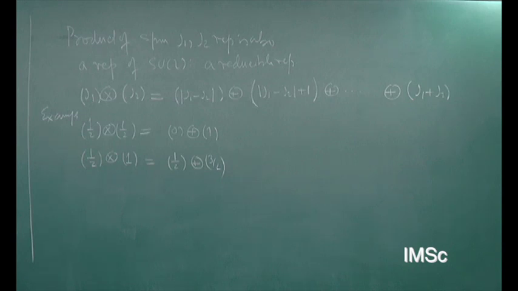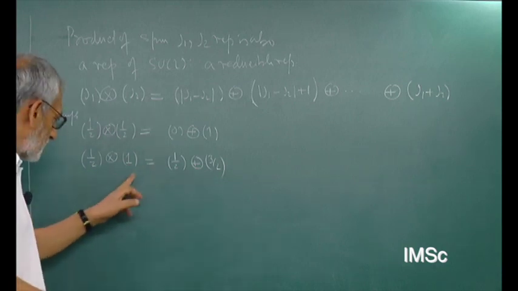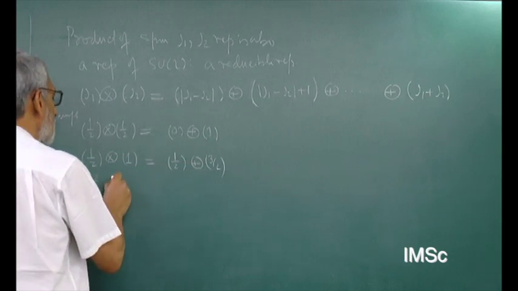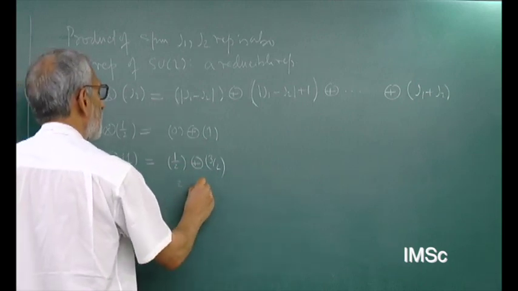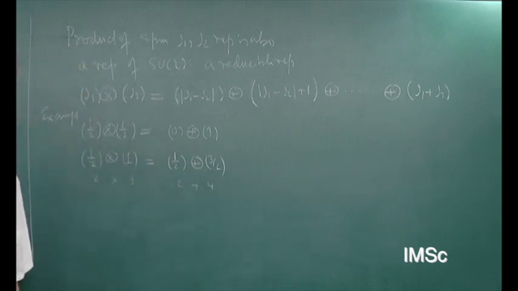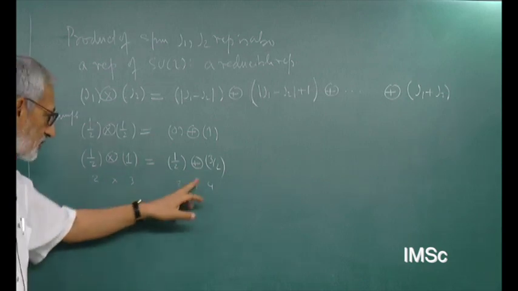Is that clear? And so on and so forth. You can construct more examples. Like I said, this is 2-dimensional, this is 3-dimensional, this is 2, this is 4. Dimensions: 2-dimensional, 3-dimensional, 2 dimensions, 4-dimensional.